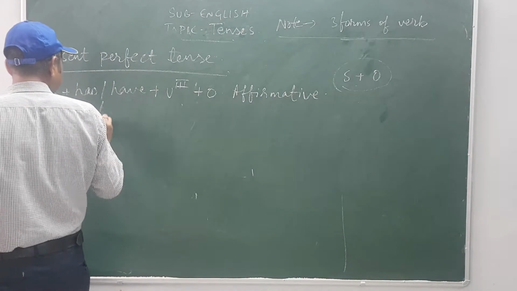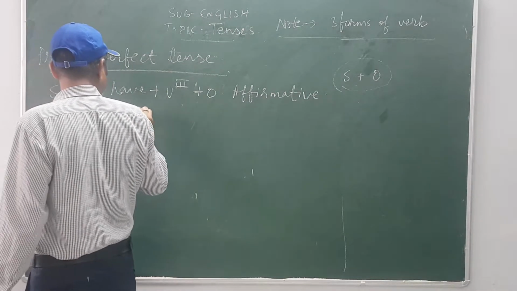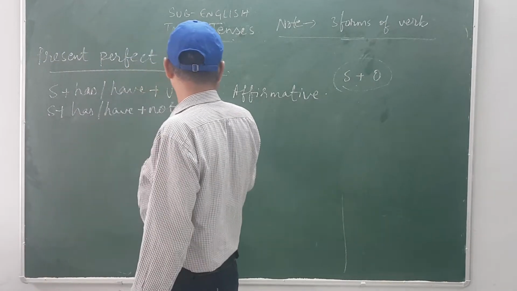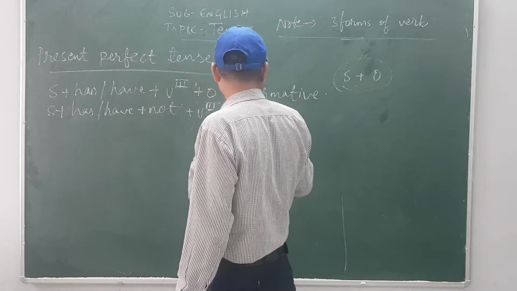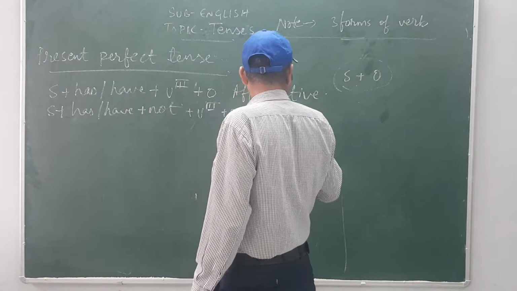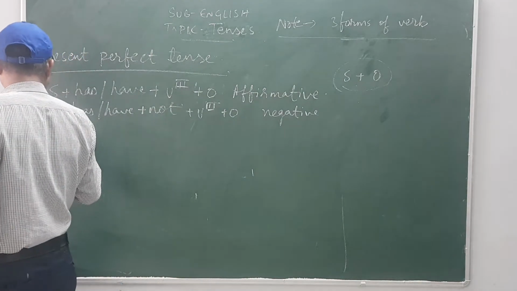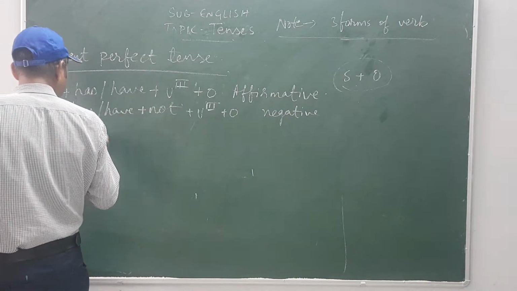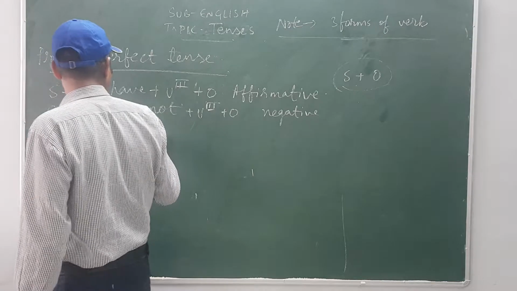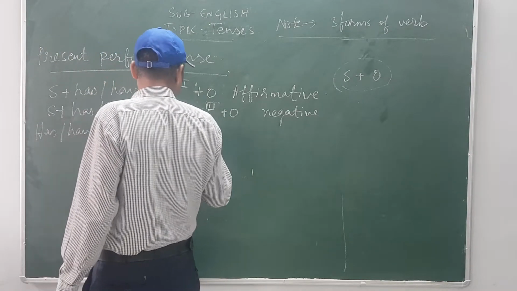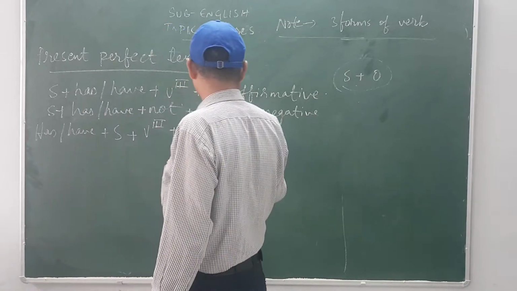Subject, has, have, not, third form of verb, object in the negative sentence. Has, have, subject, third form of verb, object, interrogative sentence.